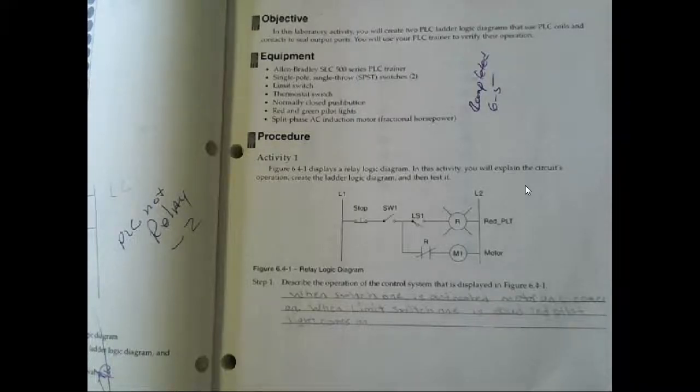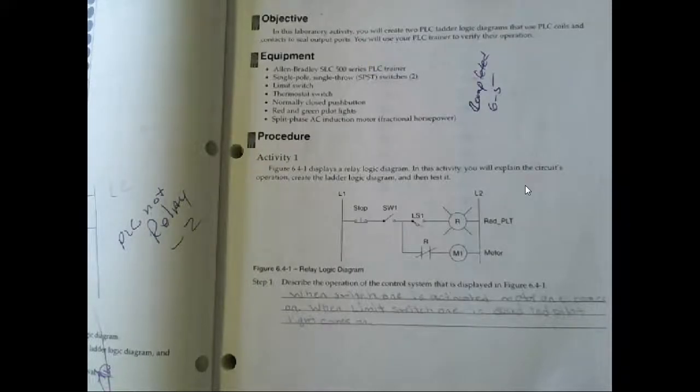This is an older lab book. I got it on 31. Is that right in your lab book? Like I said, my lab book is older, but the labs are basically still the same.